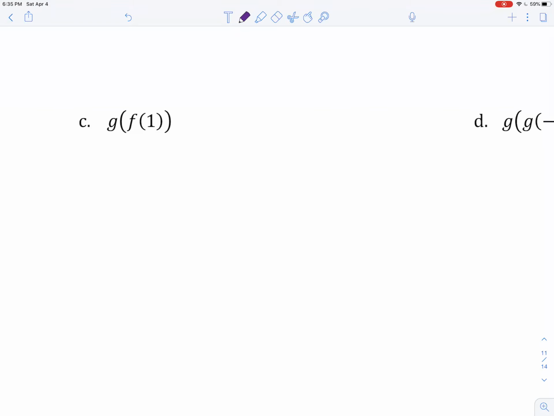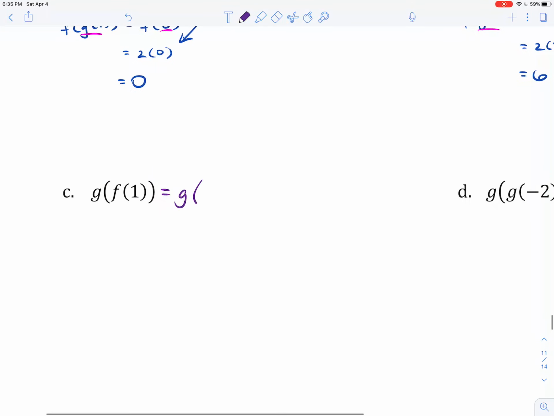For examples C and D, we can absolutely approach these in the same way. If you're comfortable with approaching it the same way, go for it. But there are alternate ways to do that substitution in that kind of same step. You want to find g of f of 1. Replace f of 1 with the formula for f of 1. F of x is 2 times x. F of 1 is 2 times 1.